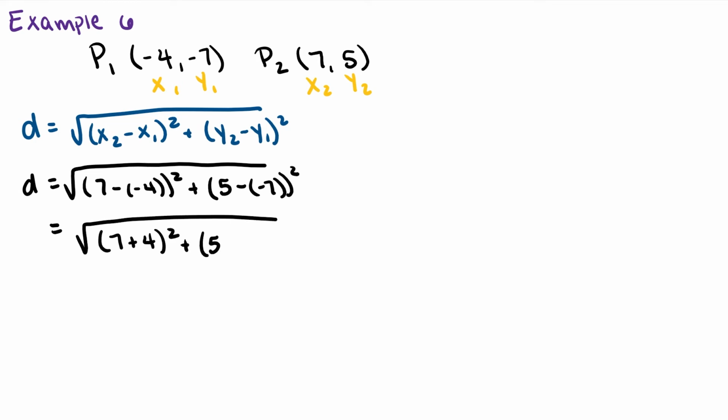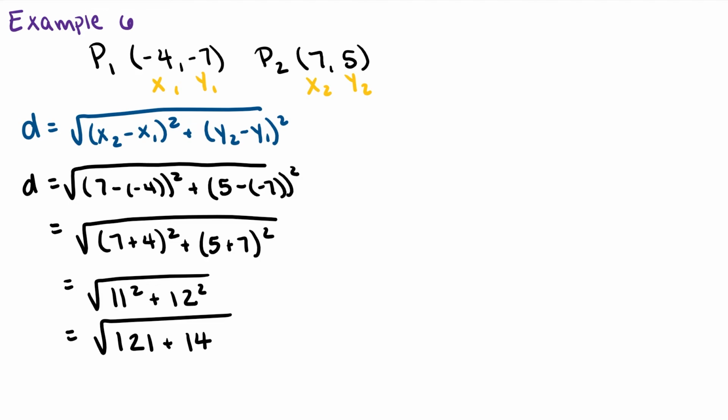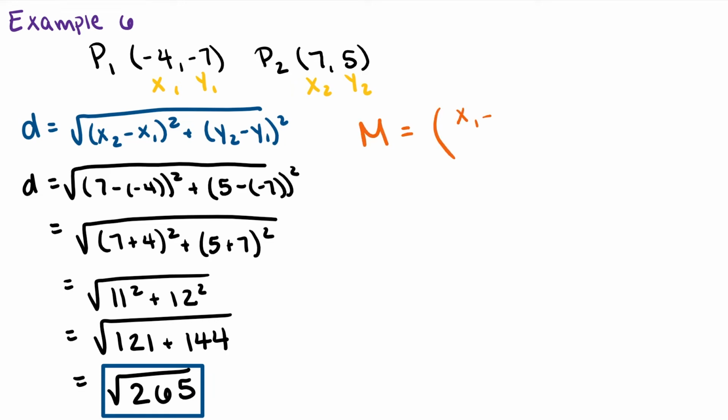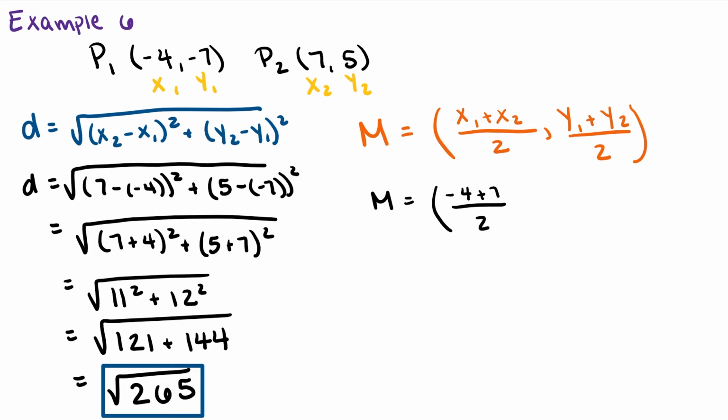Plugging this into our distance formula, we get the square root of 11 squared plus 12 squared, which is the square root of 121 plus 144, which is equal to the square root of 265. This cannot be simplified further, so we'll leave that as is. Let's plug in our values for our midpoint. We find that our midpoint is 3/2, 1.